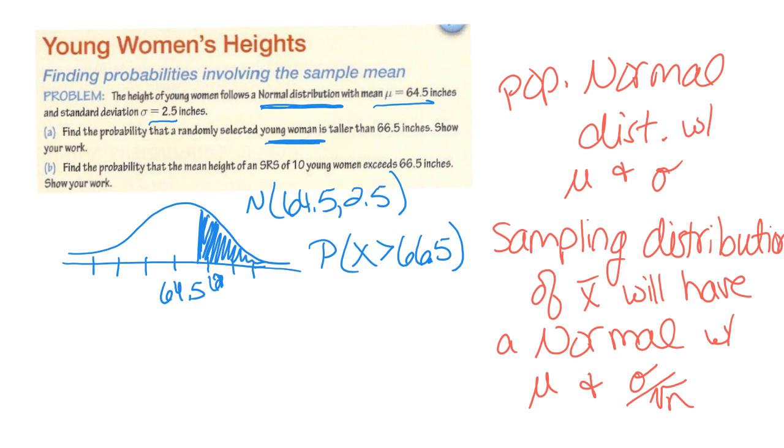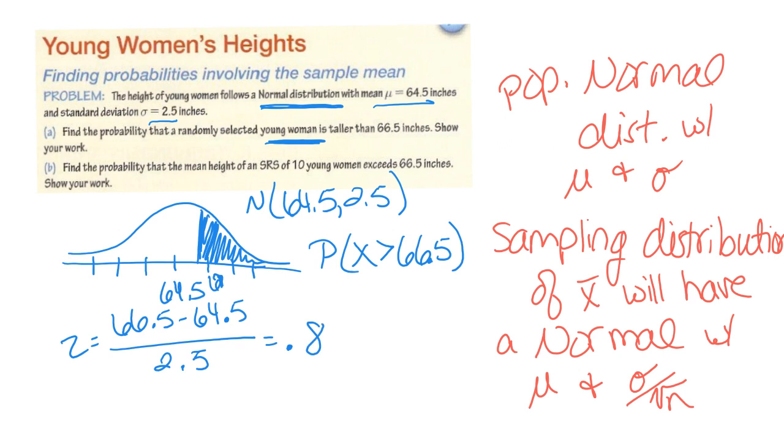I can solve this using a z-score and table A, or I can solve this using my calculator. If I'm using a z-score, 66.5 minus 64.5 divided by 2.5. I'm using my population parameters here, which gives me 0.8.